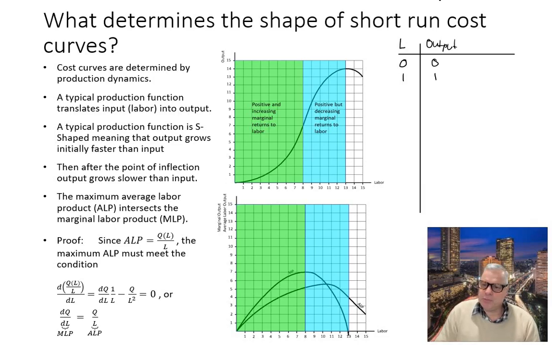But if I have two people, so I have somebody helping me, maybe output goes up to 3. And maybe I have another person helping me, we still can specialize, and maybe total output goes up to 6. And maybe if a fourth person comes to my kitchen, maybe total output goes up to 10.